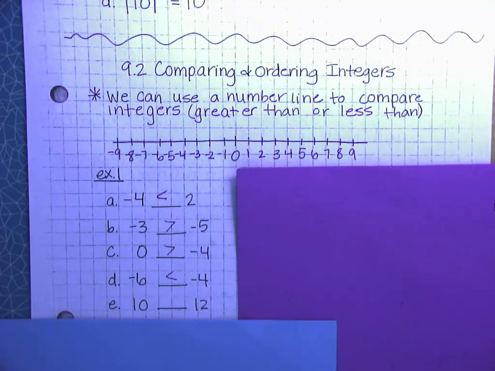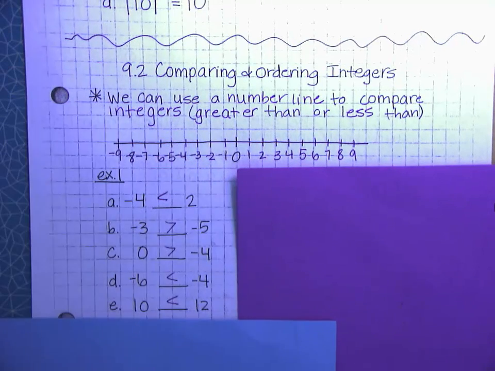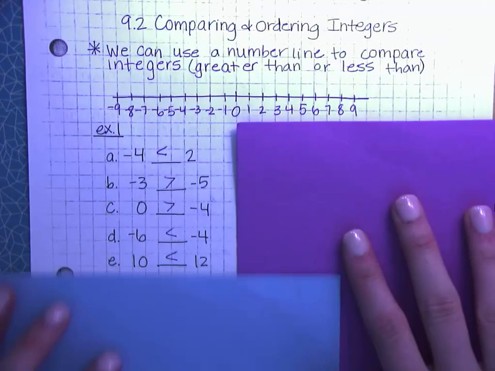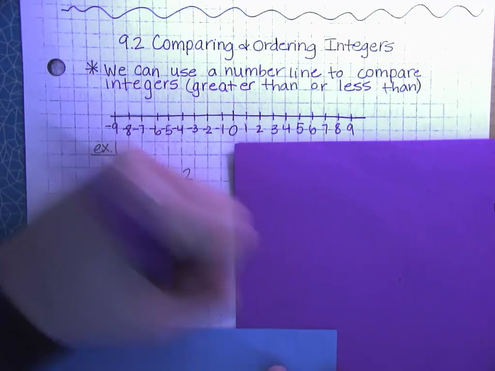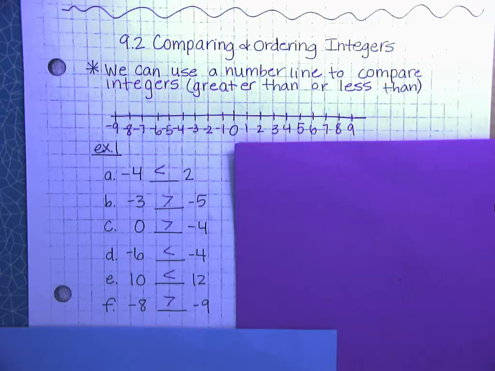What about 10 and 12? Which one's greater? 12 is going to be greater. Okay, what about -8 and -9? Which one is greater? -8. Okay? So that should be pretty simple.